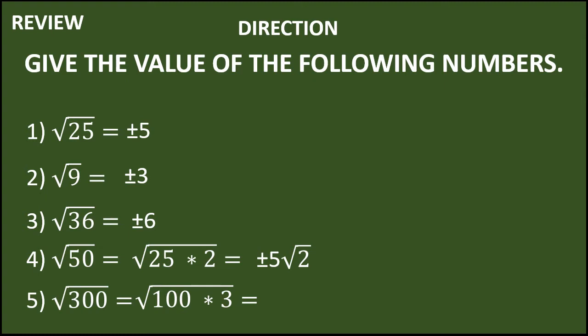That is positive and negative 10. So we can write that before the radical sign, and what is left inside the radical sign is 3. So the final answer will be positive negative 10 square root of 3. Again, positive and negative 10 square root of 3.